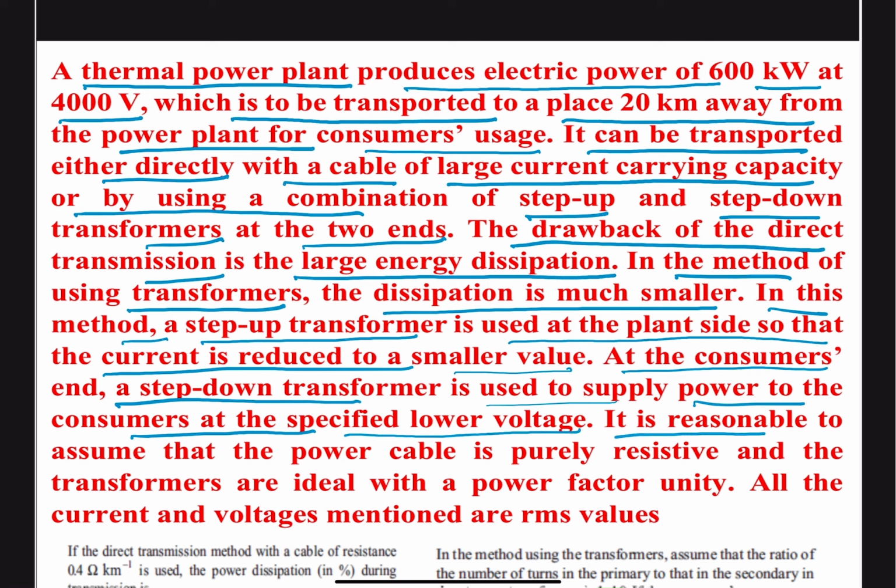It is reasonable to assume that the power cable is purely resistive and the transformers are ideal with a power factor unity. All the currents and voltages mentioned are the RMS values.